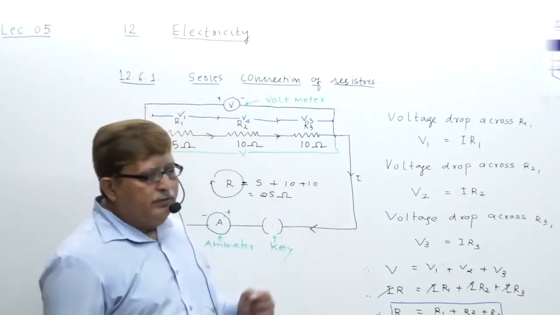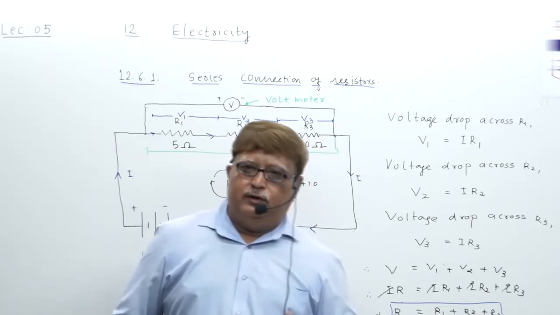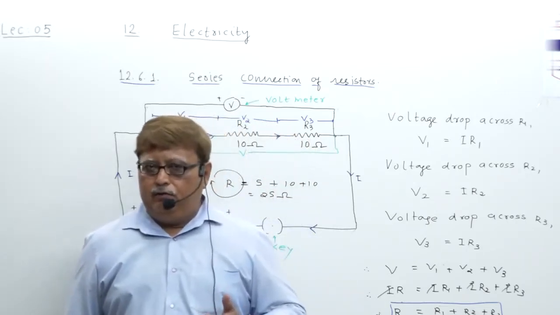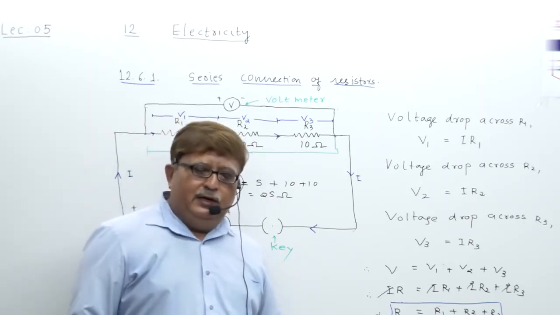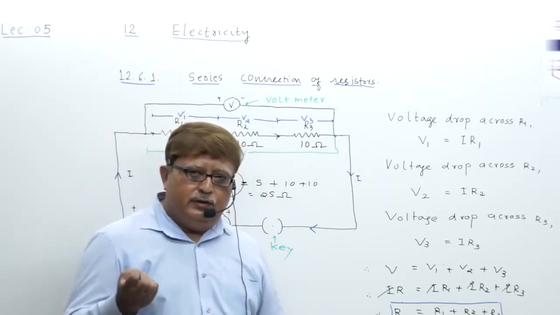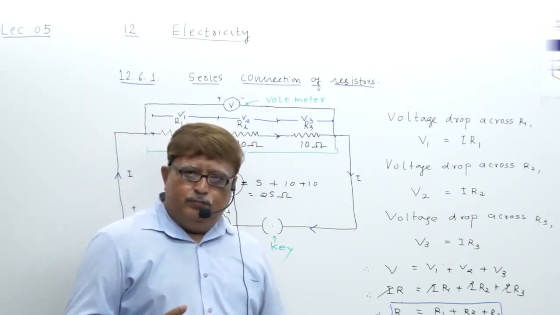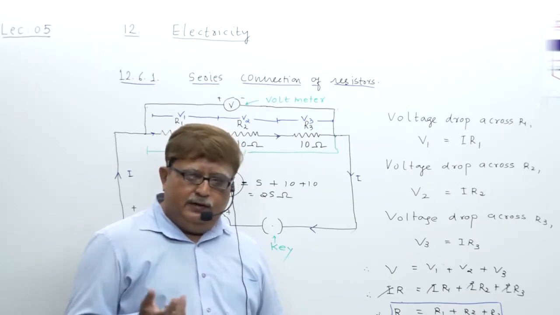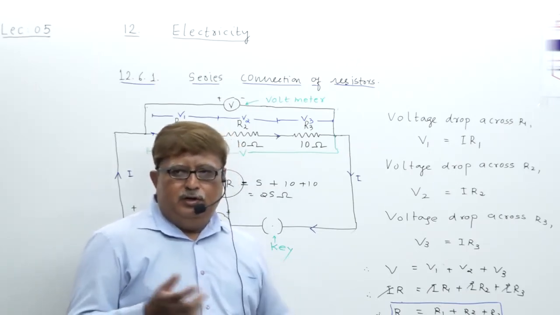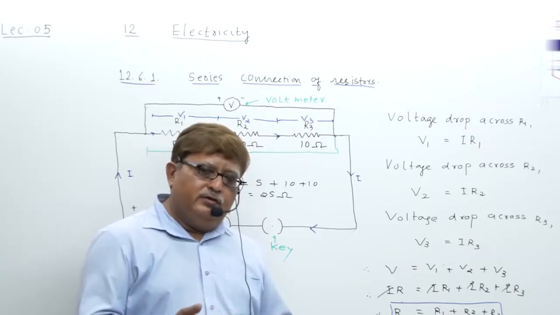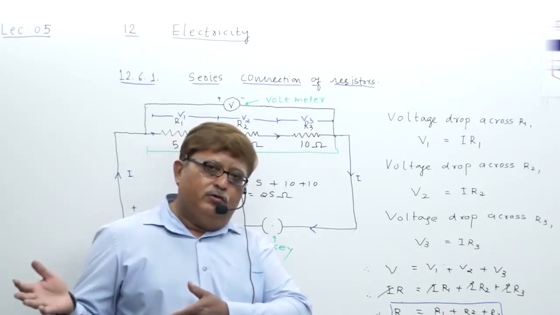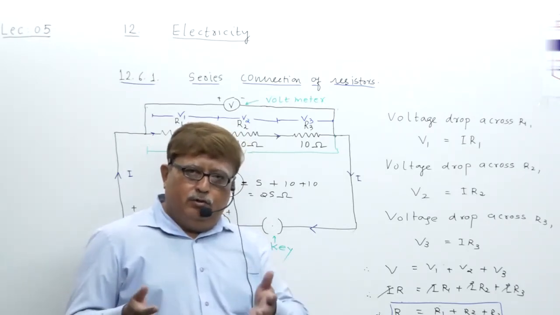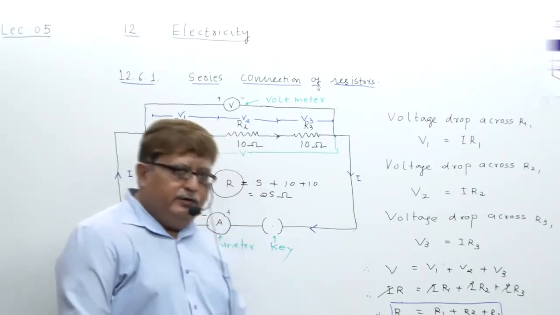So series connection is actually practically useful when you design an electric circuit, and at that time the specific magnitude of components is not available, like 10 ohm is not available, but suppose 2 ohm resistors are available, so 2 plus 2 plus 2 plus 2 plus 2, 5 resistors of 2 ohm connected in series connection.